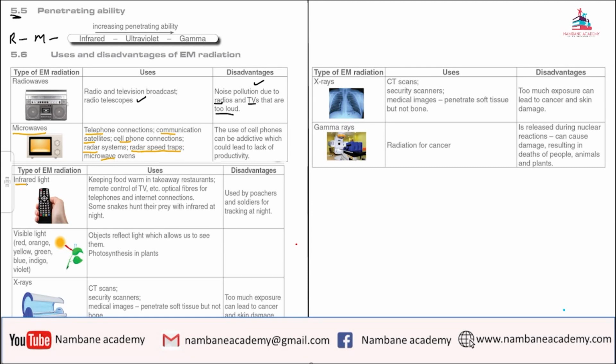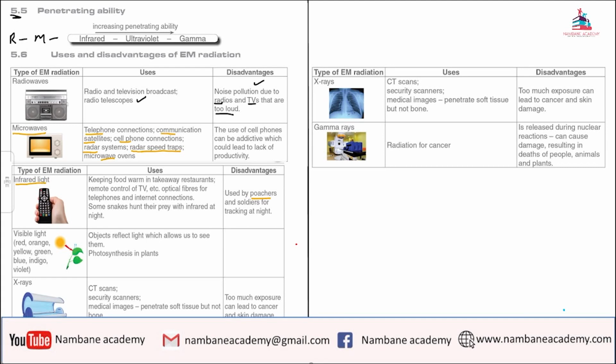What about infrared, ladies and gentlemen? Keeping food warm in takeaway restaurants, remote control of the TV, optical fibers for telephones and internet connections. Some snakes hunt their prey with infrared at night. So infrared is very, very important.